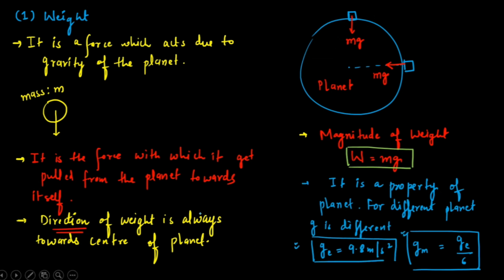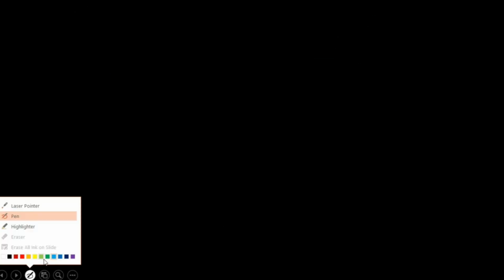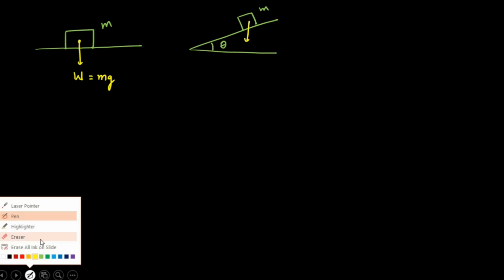In all the cases, weight is always equal to mg. Let me show you how. Suppose there is an object kept on the surface of Earth. Similarly, there is another object kept on an inclined plane of some angle theta. In both cases, if I assume the mass is the same, weight is acting in the downward direction, which is always mg.